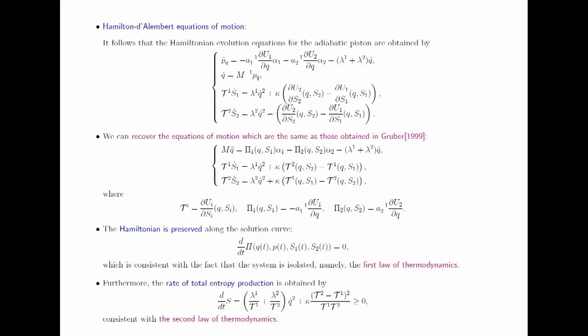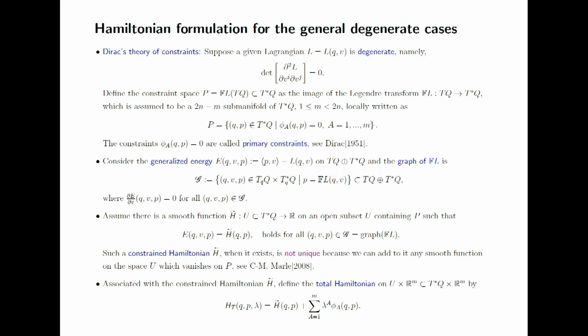Maybe already time is running out. Just shortly, I will explain. We have more non-trivial cases. You see, it's totally degenerate, so it's more interesting. To do this, we need to consider the Dirac theory of constraints.